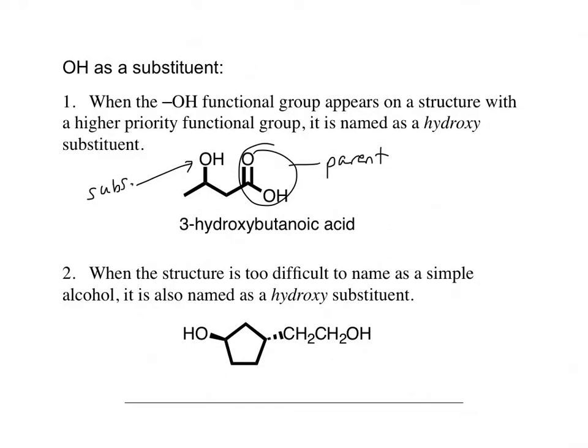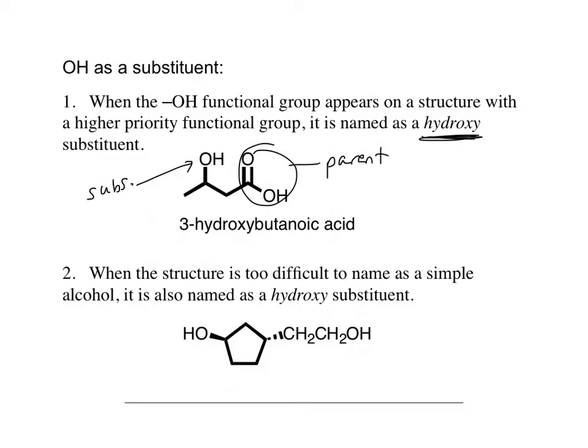And as such, it's going to be treated like a chloro group would be, or a bromo, or a methyl. We're just going to give it a number and the name hydroxy. So it is called a hydroxy substituent. In this particular case, it's at number 3, 3-hydroxybutanoic acid. You won't be able to name carboxylic acids until later in 421, but you're going to run into this a lot, so just remember it's hydroxy.